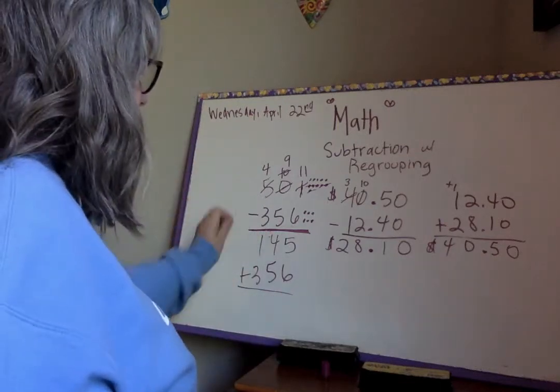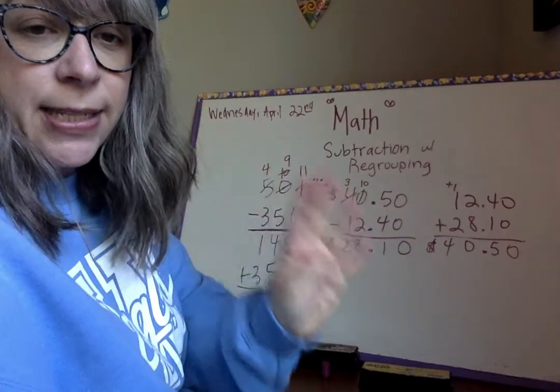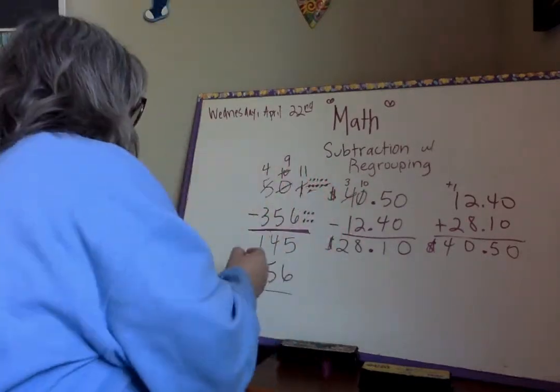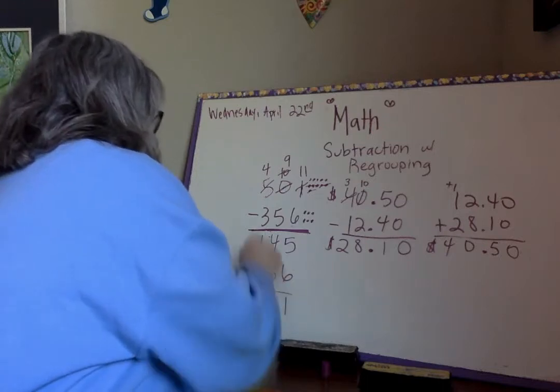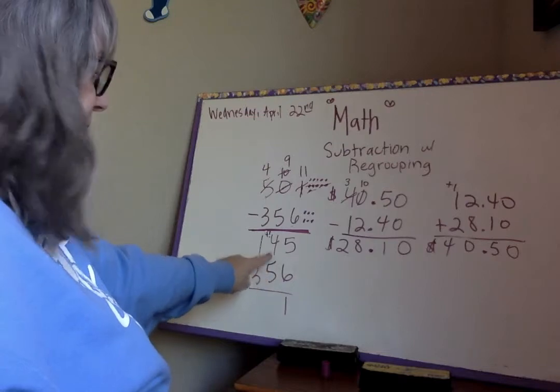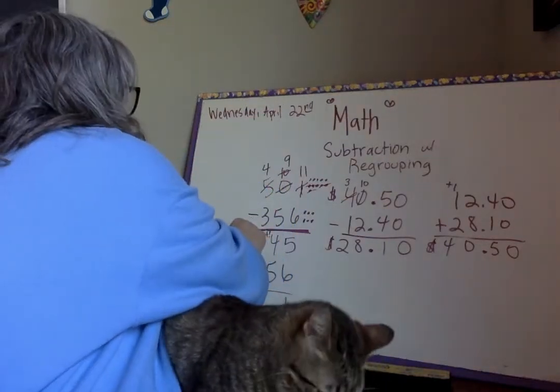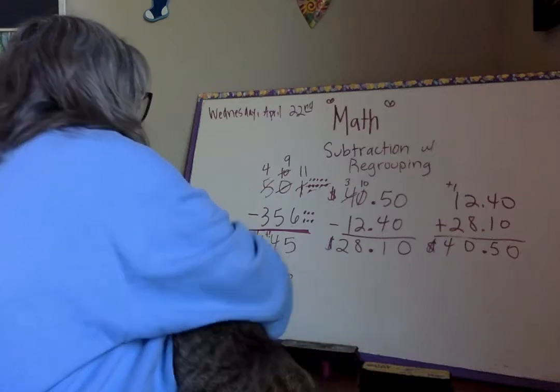This looks better. So 6 plus 5. So 6, 7, 8, 9, 10, 11. All right, so put our 1 down here and our plus 1 up here. Okay, so 5 plus 4 is 9, plus 1 is 10. So plus 1 and put our 0.